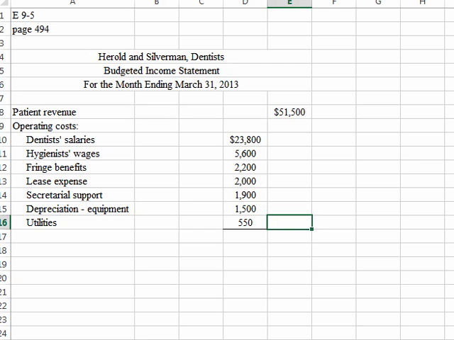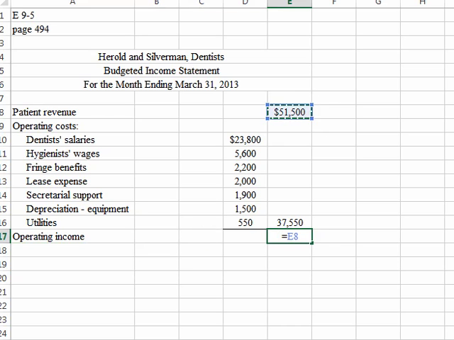Okay, so we want to sum these. We get $37,550 for total operating cost, budgeted. Then we'll subtract that amount from revenues to get our operating income.